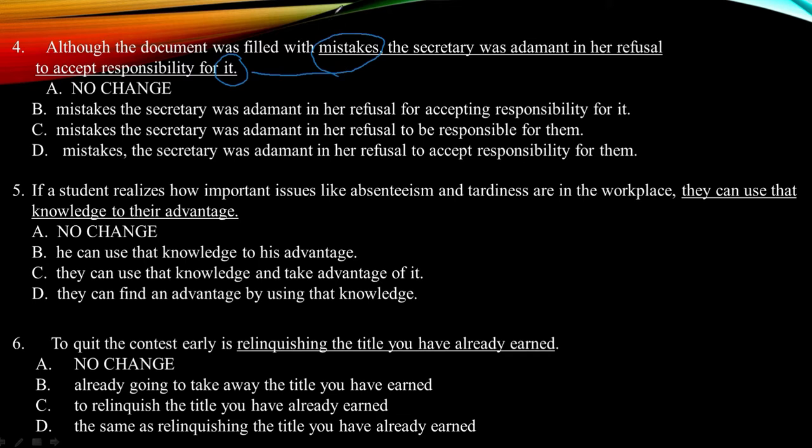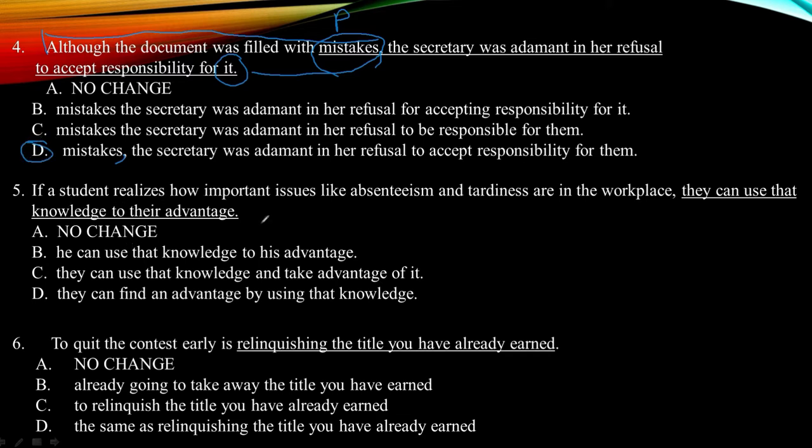And since mistakes is plural, this pronoun has to be plural. So we have a choice here. Although the document was filled with mistakes, the secretary was adamant in her refusal to be responsible for them. Or we've got this comma here that's missing right there. And since this is an introductory element, we have to have the comma. So now we have the comma there. The secretary was adamant in her refusal to accept responsibility for them. D would be our answer.